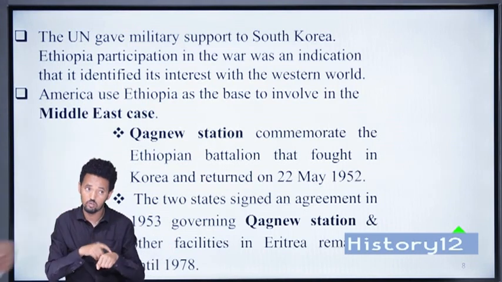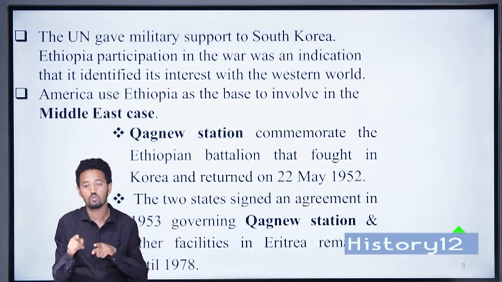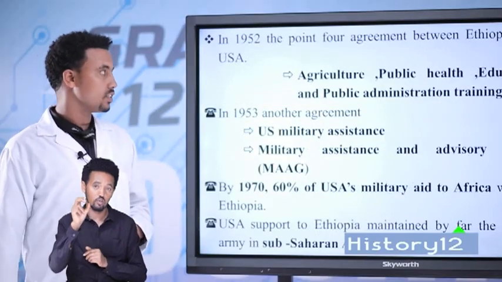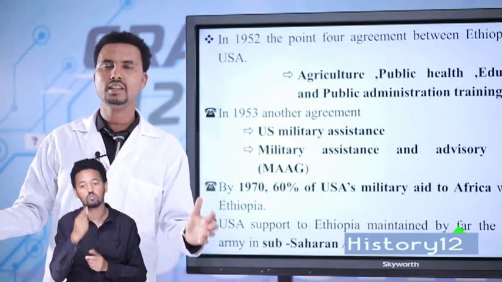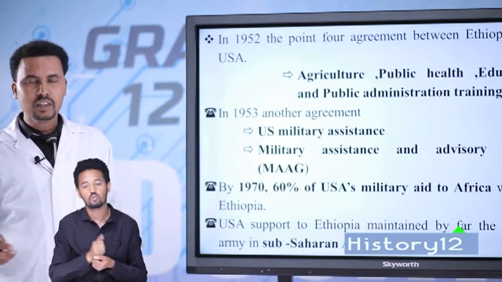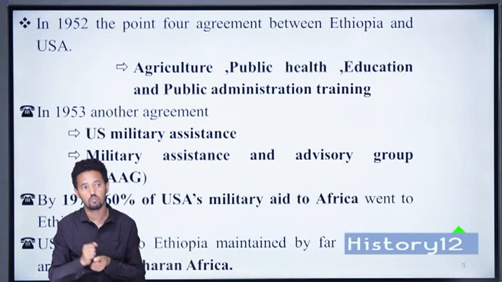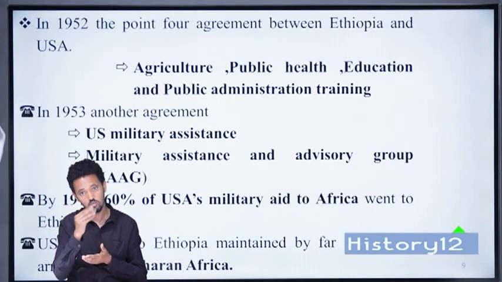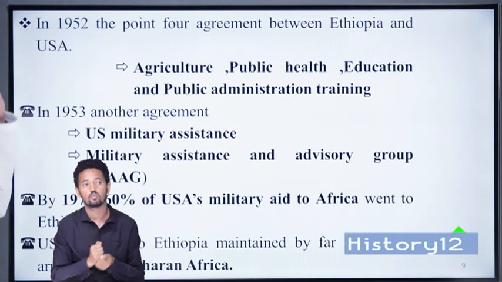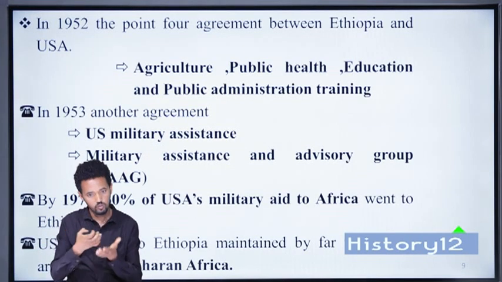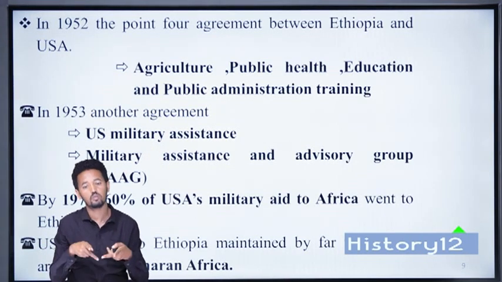The two states signed an agreement in 1953 governing the Kagnew Station and other facilities in Eritrea. In 1952, a Point Four agreement was signed between Emperor Haile Selassie and the USA. Those agreements include agriculture, public health, education, and public administration.